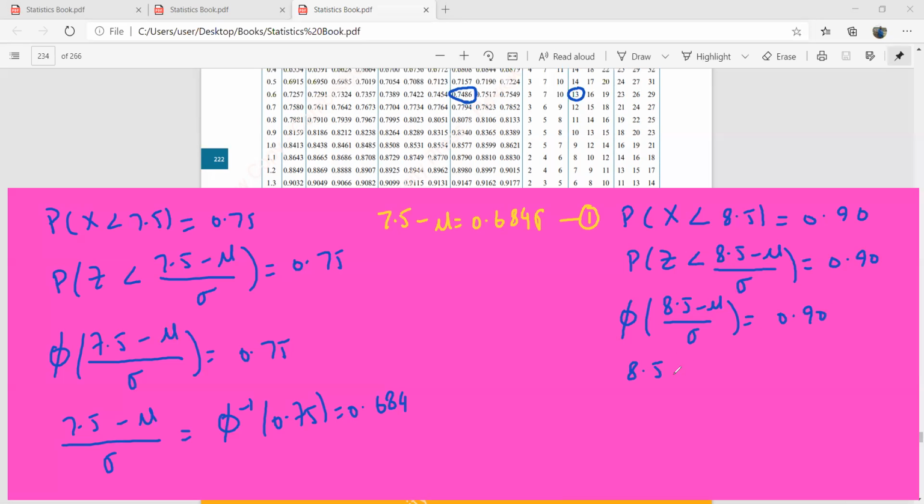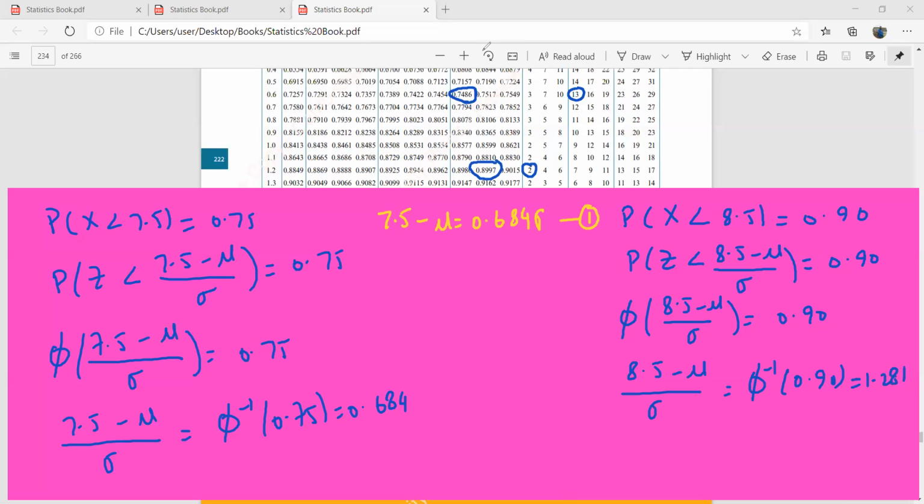This 8.5 minus mu over sigma is going to be phi inverse of 0.9. Let's go to the table, and the table is right here. Where is 0.9? Yeah, this is 0.8997. I can add this 2 into it, so this is 1.281.